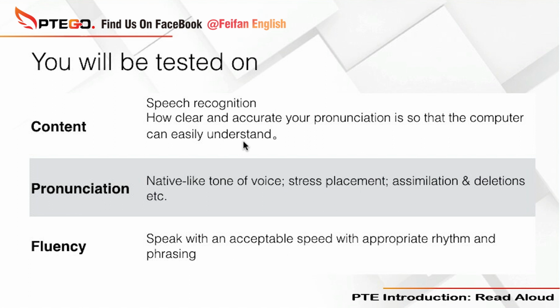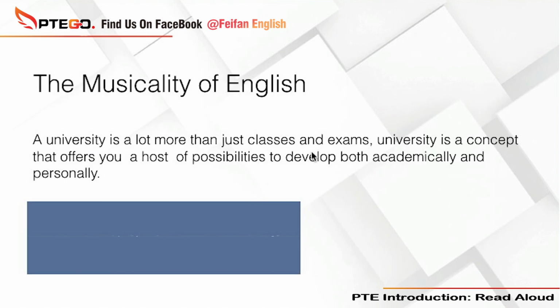The other things we need to take care of are pronunciation and fluency. To understand these better, let us see how English as a language has its own rhythm. For example, a simple statement like this: a university is a lot more than just classes and exams. University is a concept that offers you and so on.